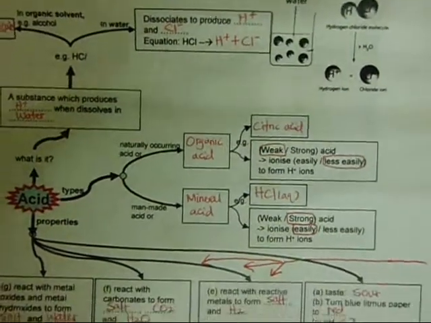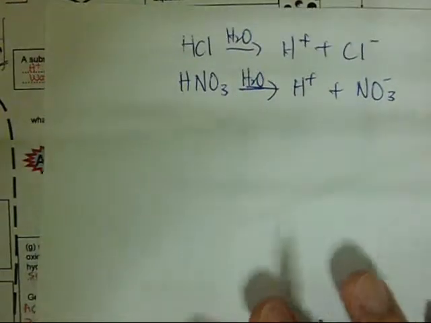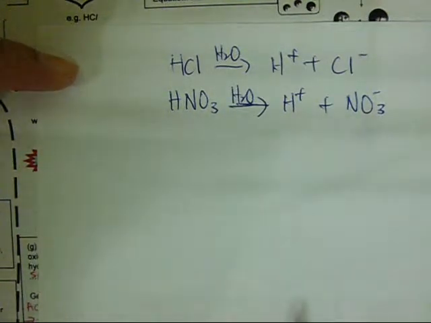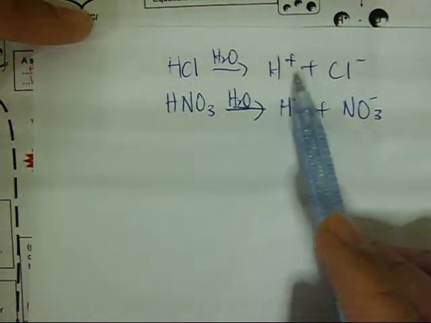So HCl is a strong acid because most of the HCl molecules, when dissolved in water, dissociate or ionize to form H+ and Cl-.